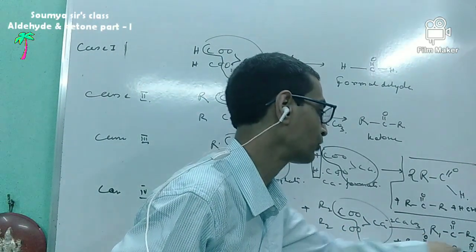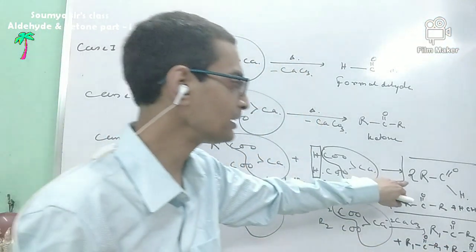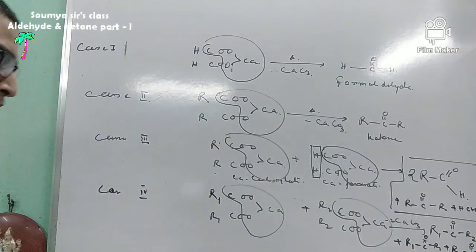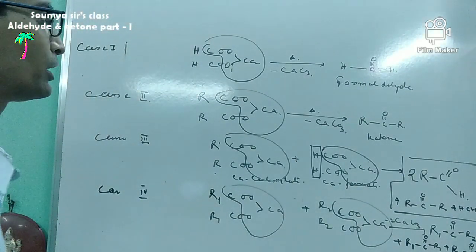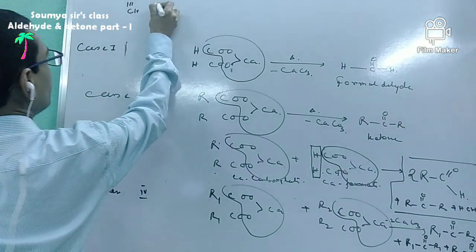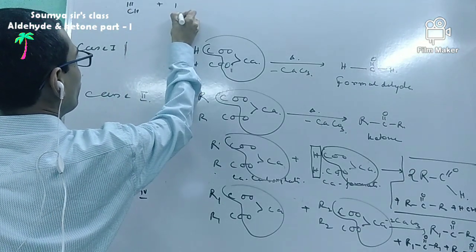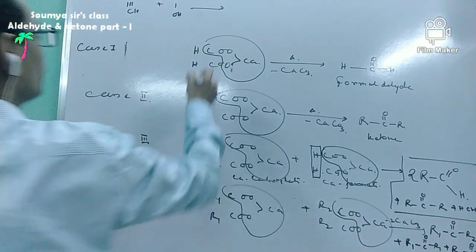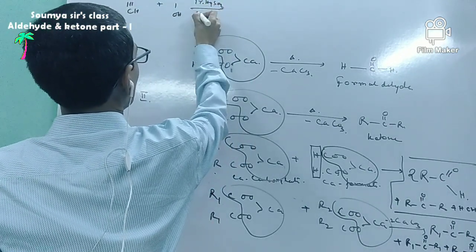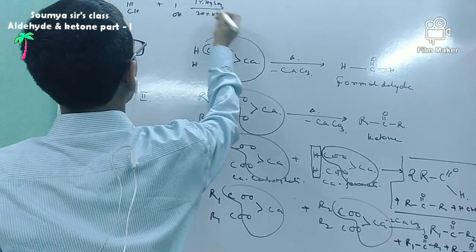Now we should discuss the Kucherov. If there is acetylene, at first in presence of 1% HgSO4 and 20% H2SO4, it reacts with water, not according to Markovnikov's rule, as it is symmetrical, to form CH2=CHOH. It is called vinyl alcohol.